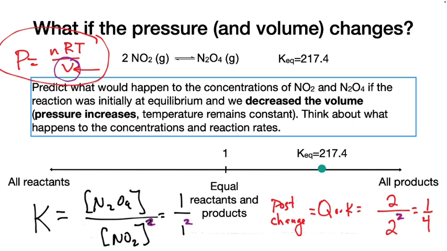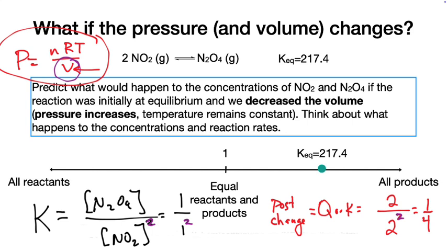It's because the NO2 is squared. Because it is squared, it is taking up more of that volume, which means when we change that volume, what's going to end up happening? That particle is going to have a larger effect than the product particle, which means we're now going to be at a Q.